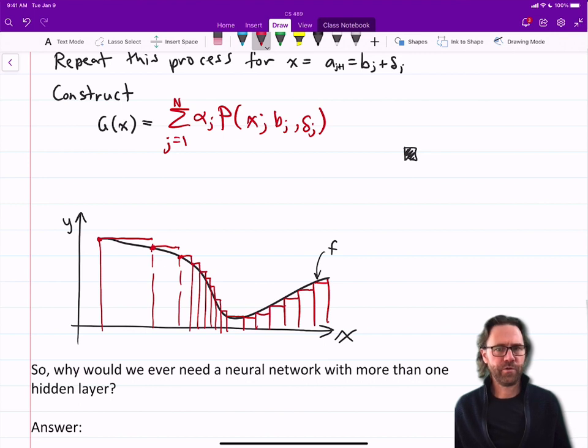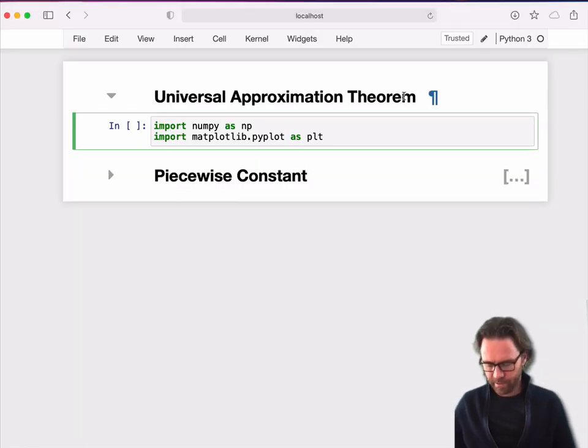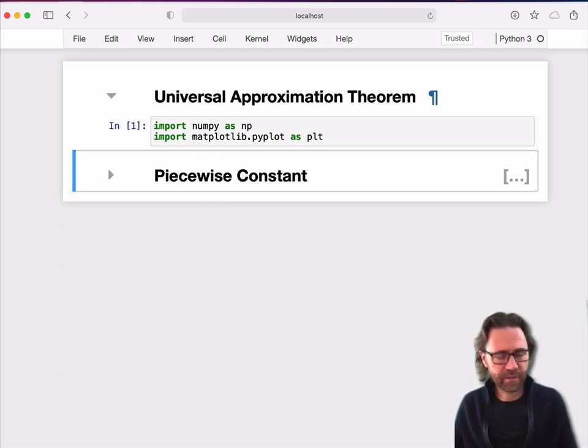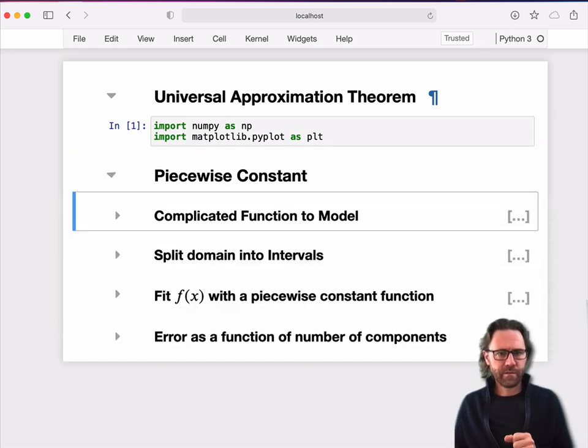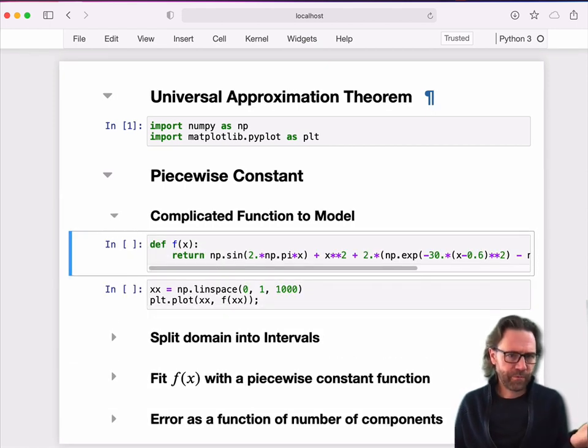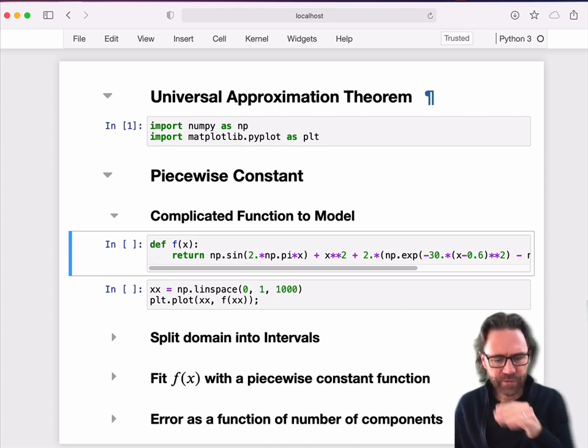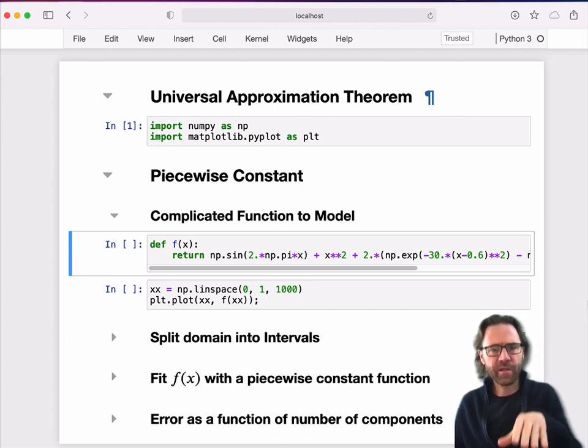Okay, let me show you a quick demonstration. Here's some Python code, and I can make this available to you. So I've got a function. What I'm going to demonstrate is the modeling of a function with piecewise constant pieces.